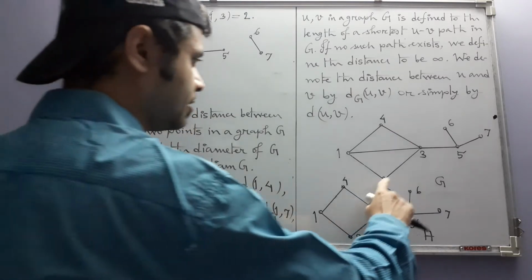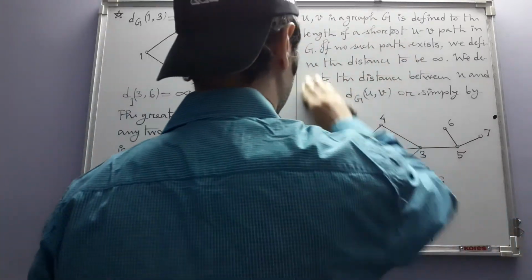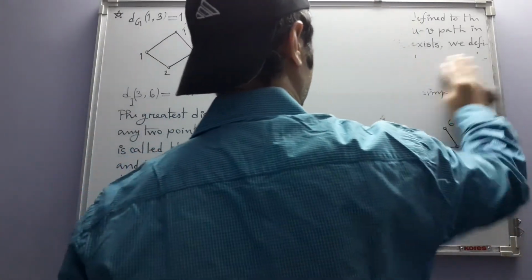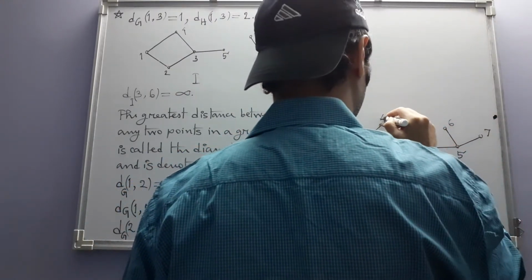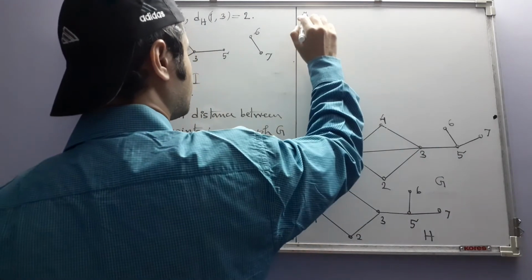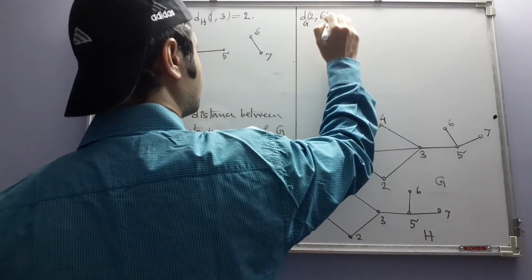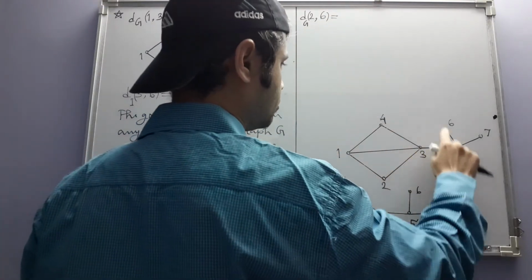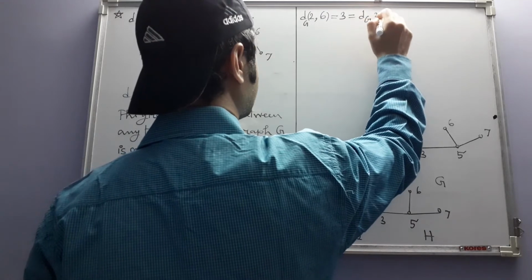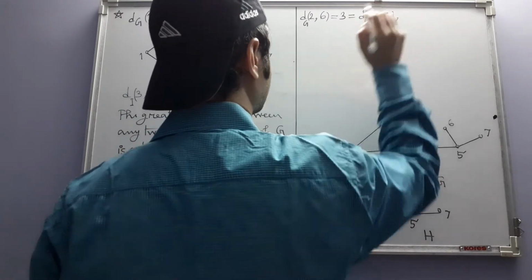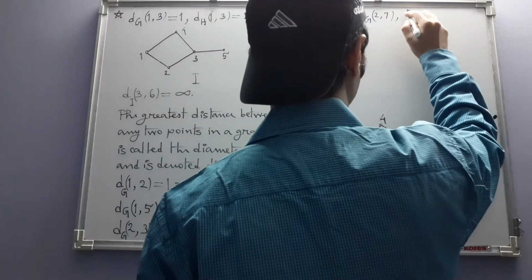Between 2 and 5 is again 2. One, two, three. So this is 3.